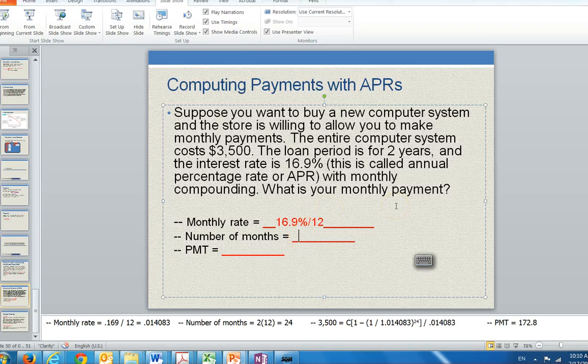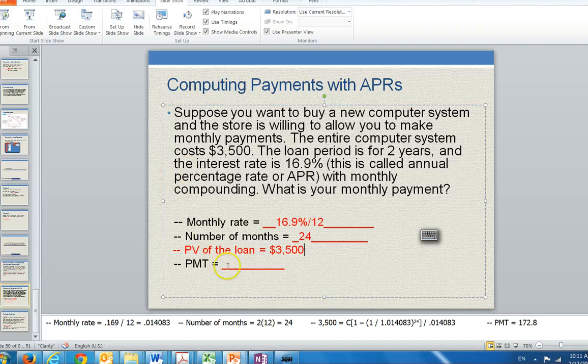The number of months is 24, and the present value of the loan should be the 3,500.